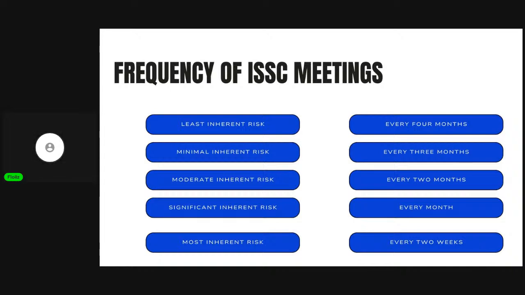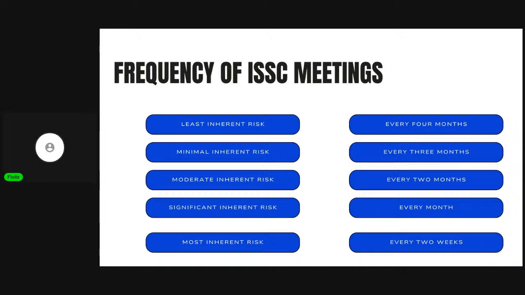So an institution that is regarded as least would not need to have meetings every 2 weeks, because what you'll be discussing will not be too relevant in terms of what you are exposed to compared to an institution that is most inherent. So a least inherent institution can have their meetings every 4 months, because within a period of 4 months, you may not experience much cyber threat because you don't use technology that much.